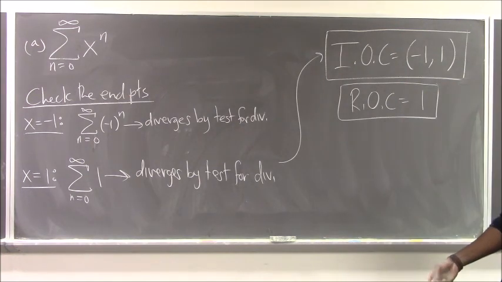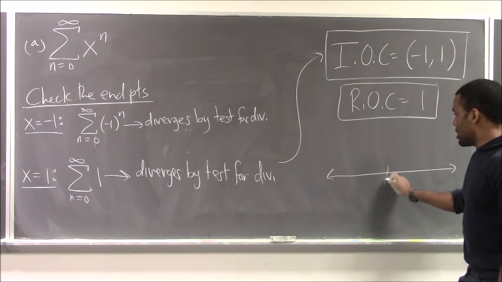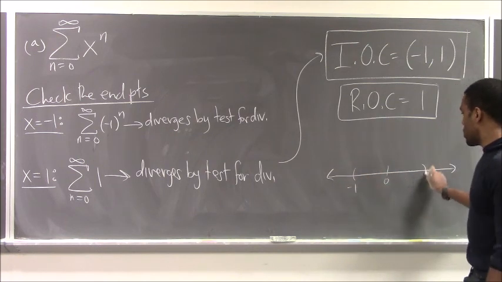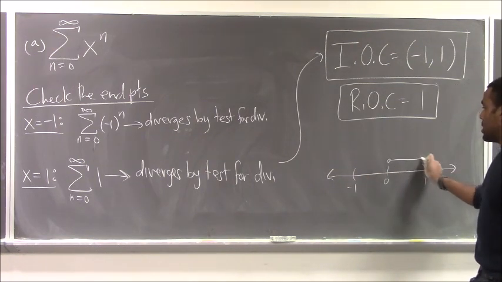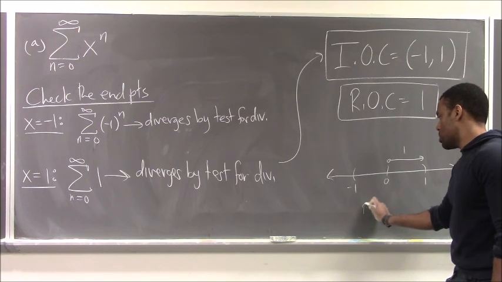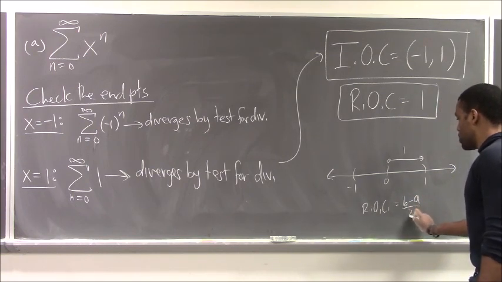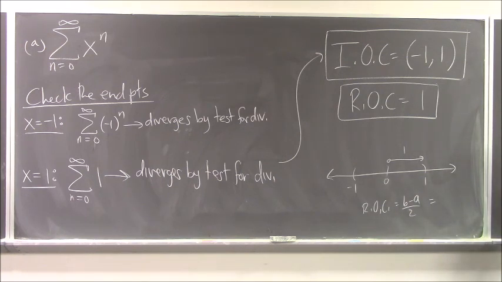Now again, I can know that the radius of convergence is 1 because if you look at the number line, it's centered at 0, goes down to −1, goes up to +1. Half that distance is going to be 1. If you don't know that half the distance is 1, you could actually do (b − a)/2.